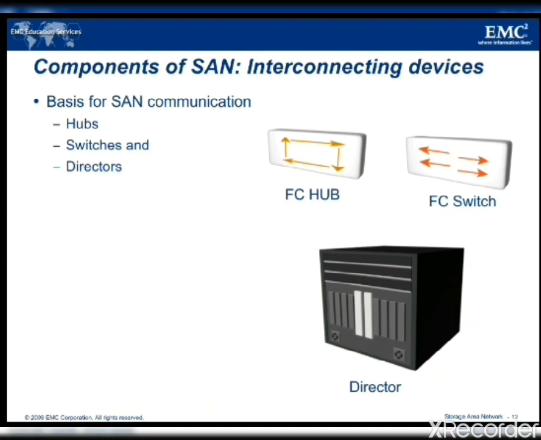Hubs physically connect nodes in a logical loop or a physical star topology. So what kind of topology do these hubs use? It's a physical star topology. All the nodes which use hubs are implemented using fiber channel arbitrated loop.